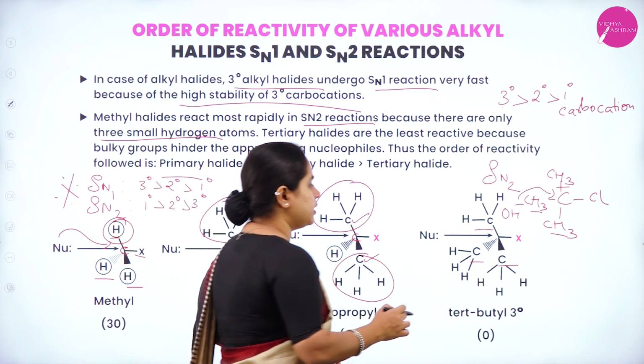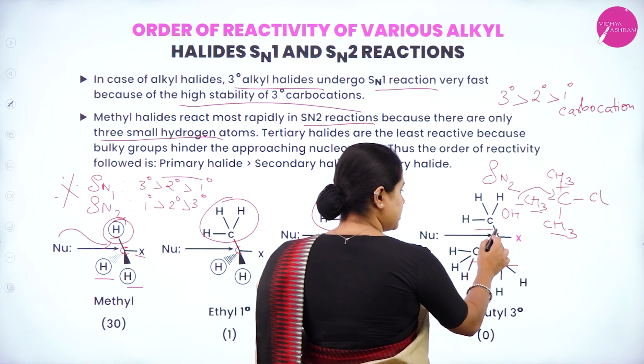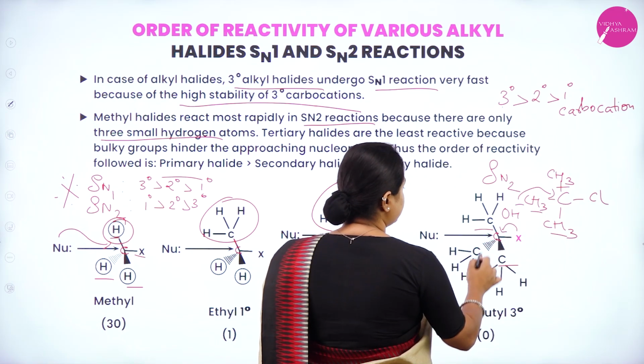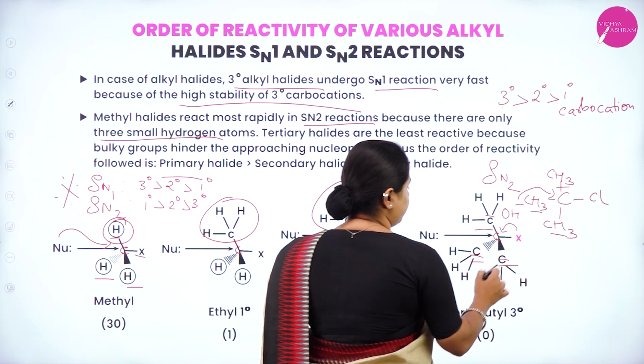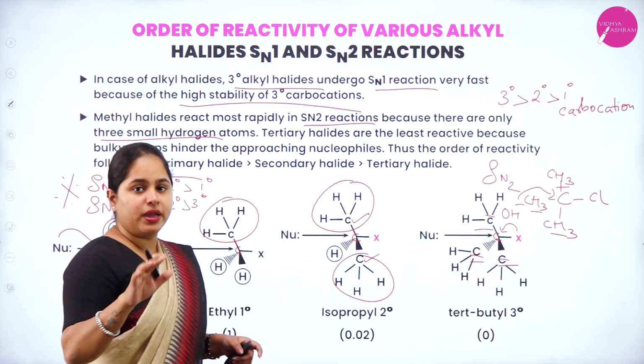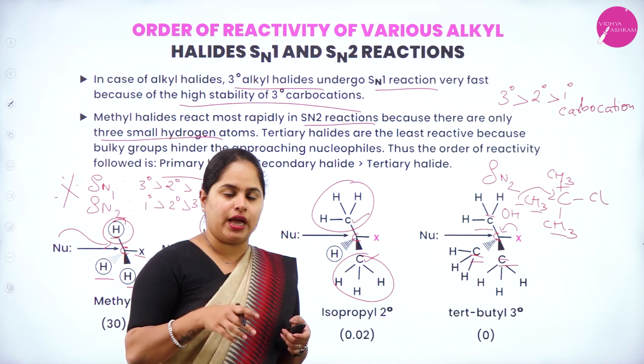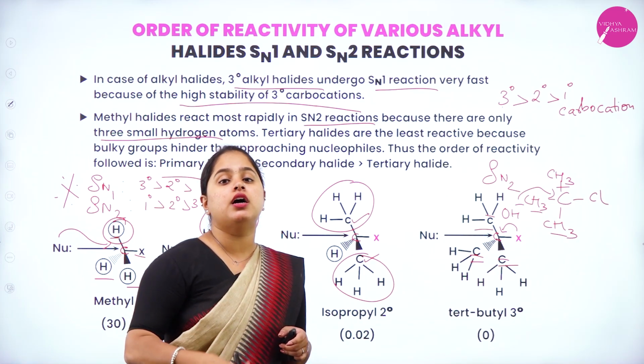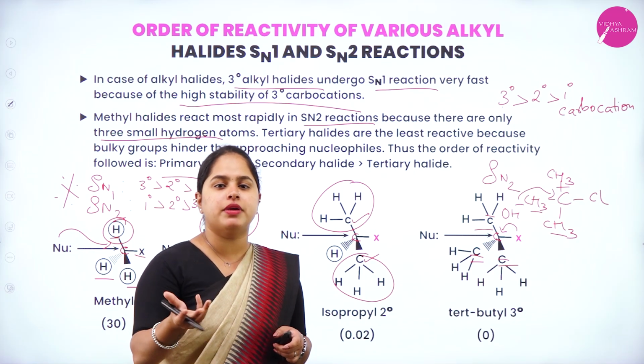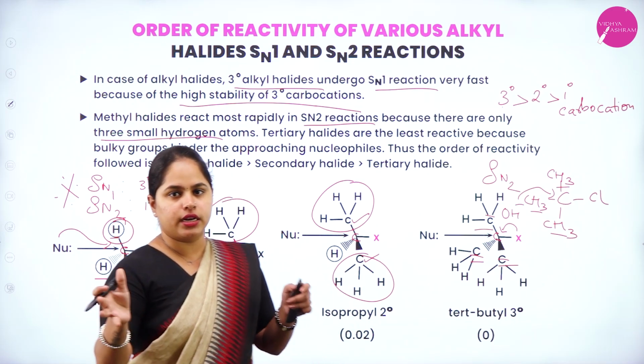Now, this one is tertiary because the carbon atom which is attached to the halogen is attached to 1, 2, 3 further carbon atoms. So, based on the carbon atom which is forming the bond with the halogen, that carbon atom is further attached to how many other carbon atoms.